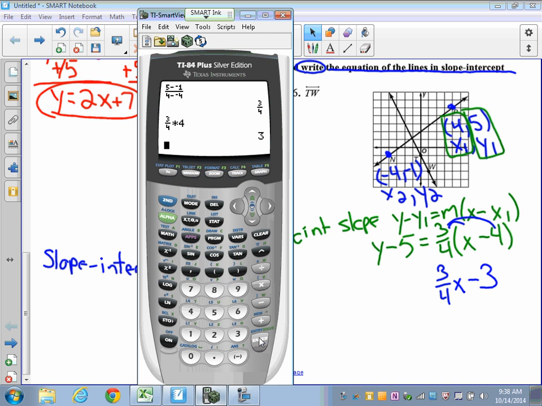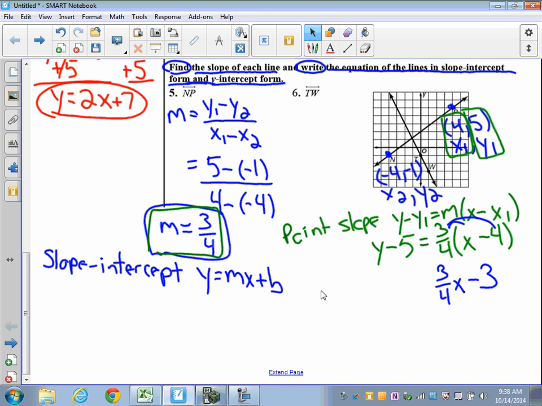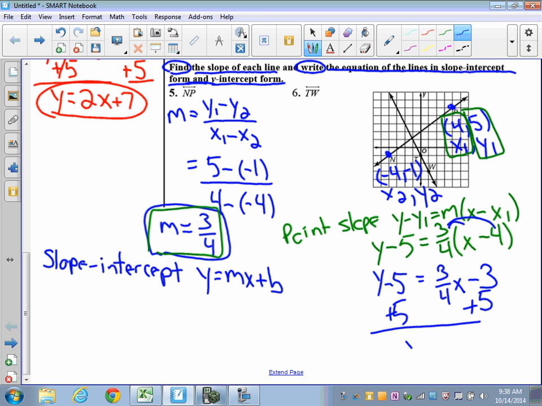And you'll see that that's 3. We have a minus sign, that's why it's -3. And we still have the y minus 5. Again, I have to add 5. And I'm not adding the 5 to 3/4 x because that's not a like term. So y is equal to 3/4 x plus 2.